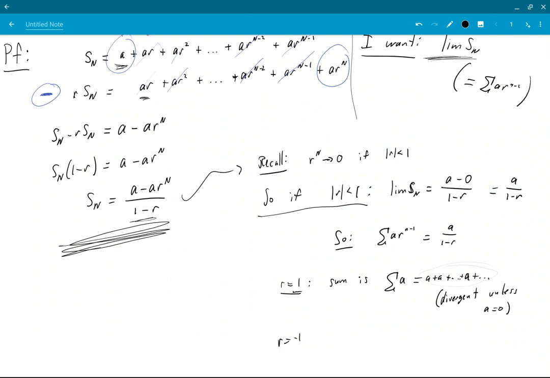And if r is equal to minus 1, the sum is the summation of a times (negative 1) to the n minus 1. I pretty much covered this when I did negative 1 to the n.